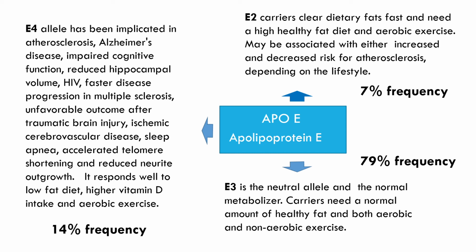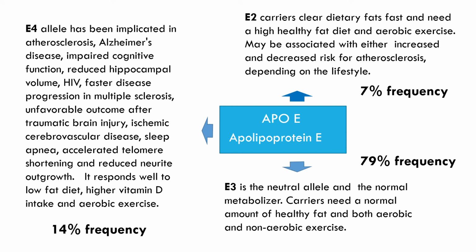Some of us are the E2, some are E3, some are E4, some are heterozygous, some are homozygous. And the E4 is the one that puts people, now there's only 14–15% of our population that has it. But if you have this allele, especially if you have 2 of them, you are going to be at risk for Alzheimer's disease, impaired cognitive function, reduced hippocampal volume, HIV, faster disease progression, and multiple sclerosis.